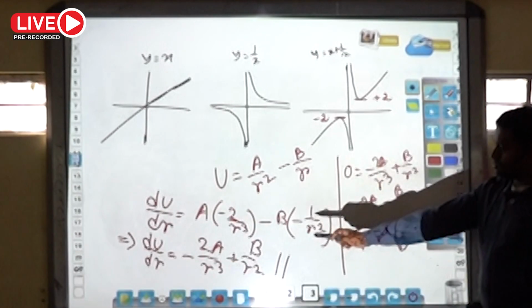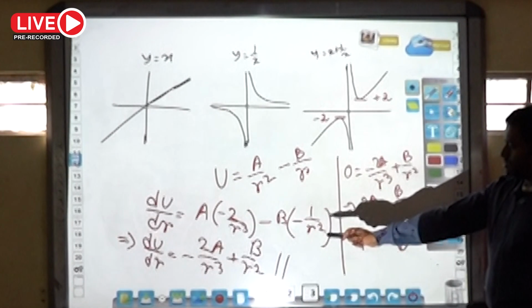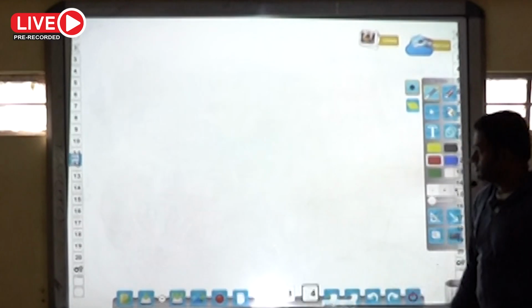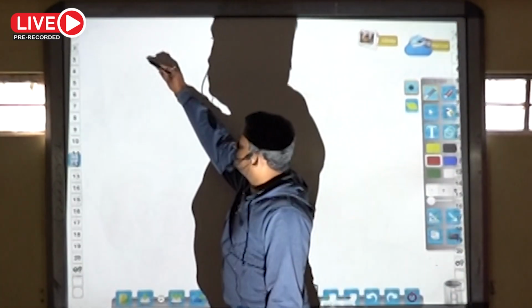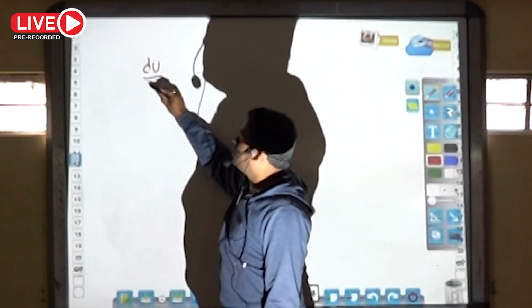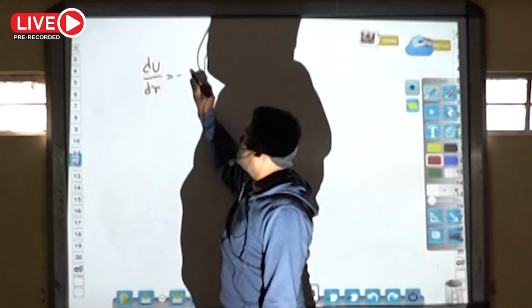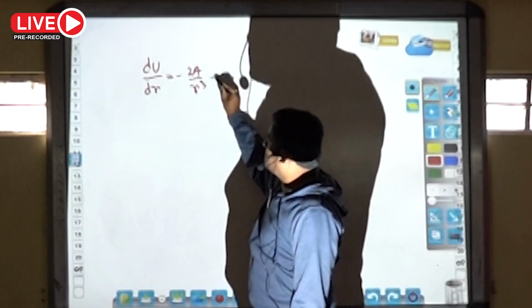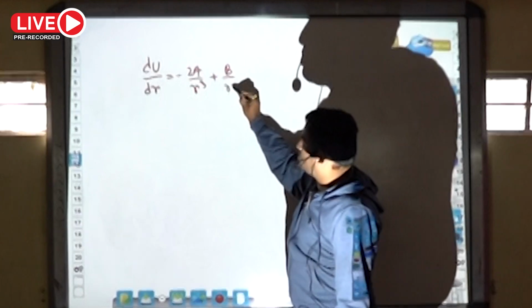See, dU/dr equals minus 2a by r cube plus b by r square.